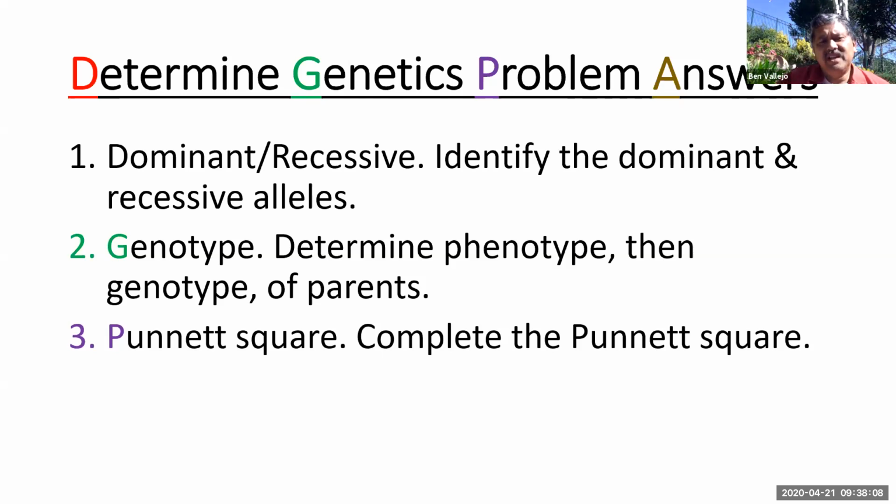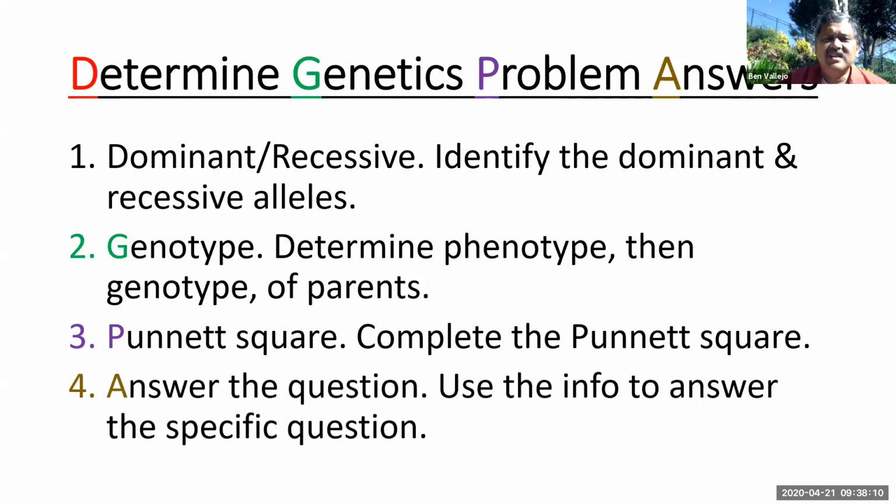And then the fourth one is actually answer the question that is used. Answer the question, use the information in your Punnett square and that's given in the problem to answer the specific question. If someone asks you what color is the sky, then the answer is blue, isn't it?